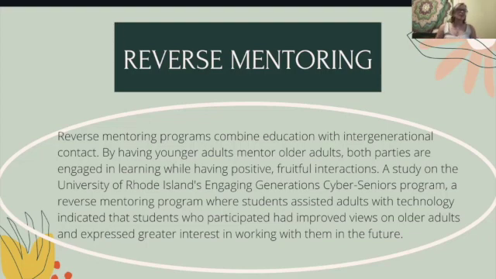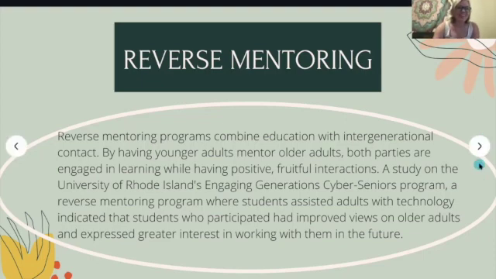So it's great to work against both ageism and adultism because it combines education, it combines the contact, and it helps to just break down those walls that can exist between generations and really just humanize both sides of the coin and show that age is a number, and regardless, everyone is still human and we can always learn from each other. So reverse mentoring programs are a great way to intervene against ageism and adultism, honestly.